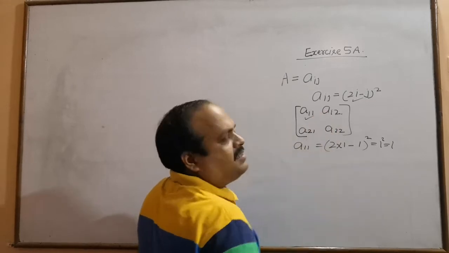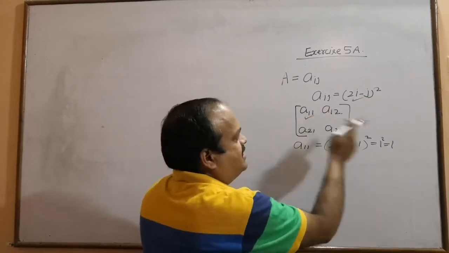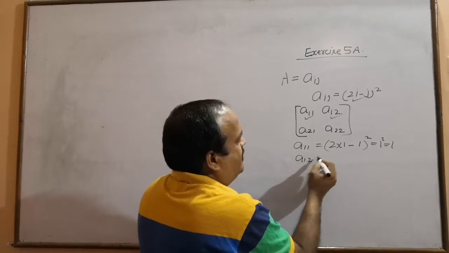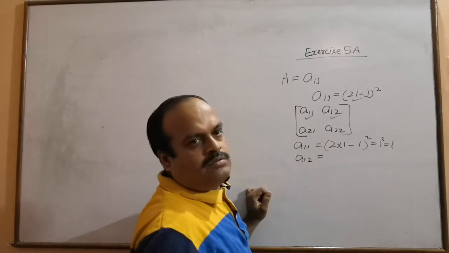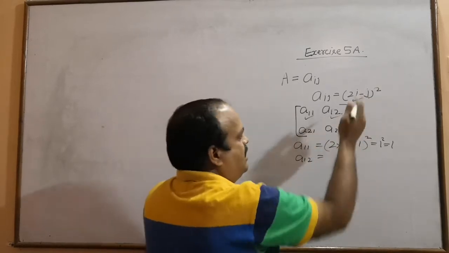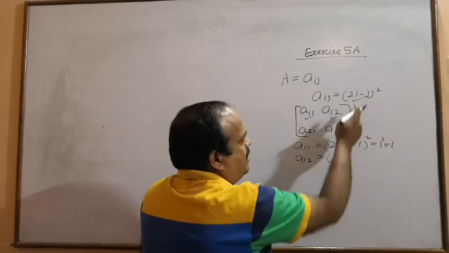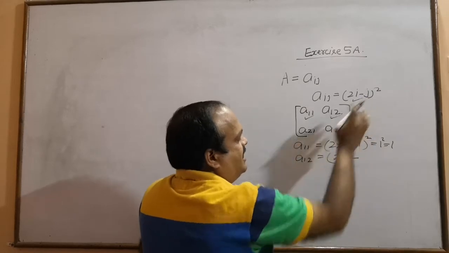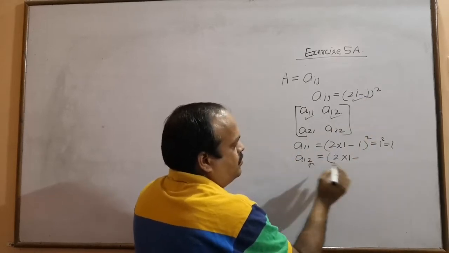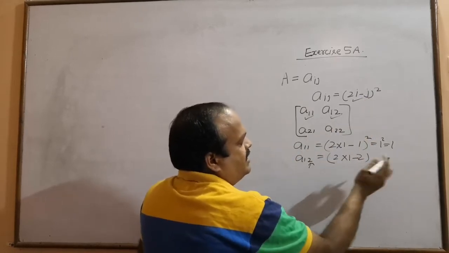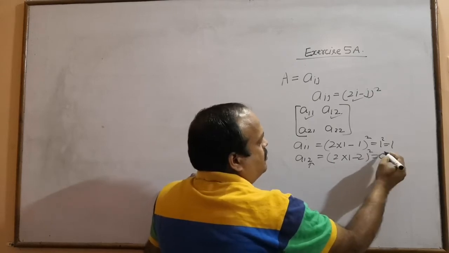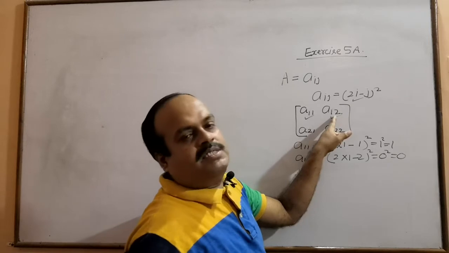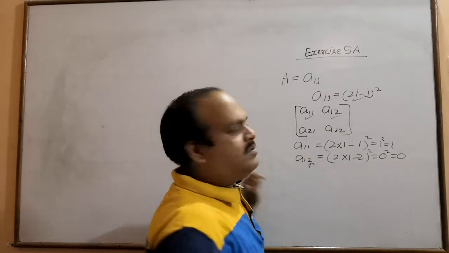So the numerical value of this is 1. Now second, A12. Using this formula, you get 2 into i is 1, minus j is 2. So 2 minus 2 is 0. 0 square is 0. So the numerical value of this element is 0.